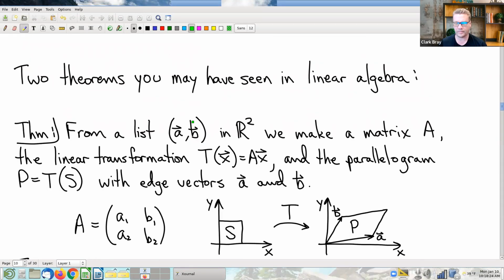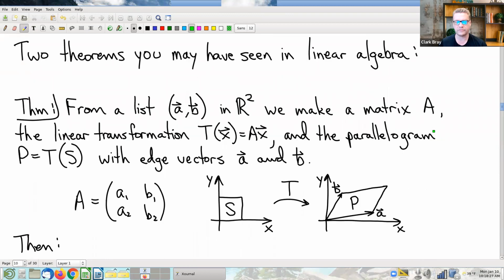I want to talk now about some theorems that y'all have presumably seen in Math 218. I'll start with the first one, going back to 2 dimensions, and assume we have an ordered list of 2 vectors in R2. Out of that list, we're going to make 3 things. On the one hand, we're going to make a matrix.